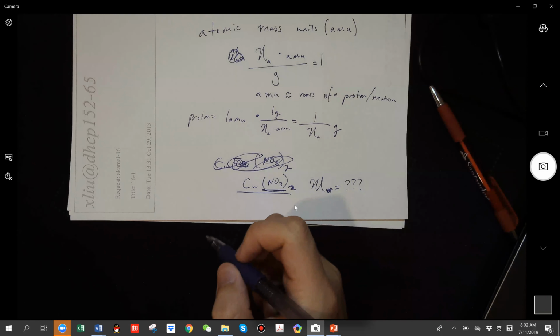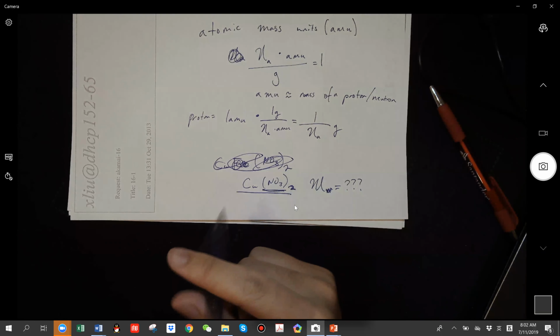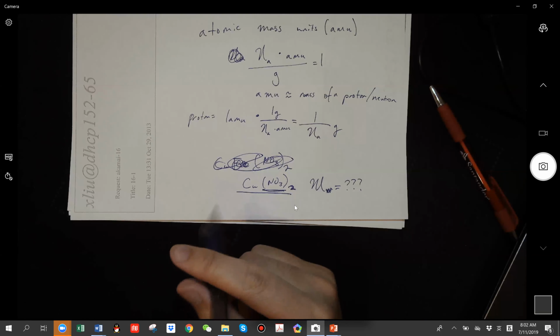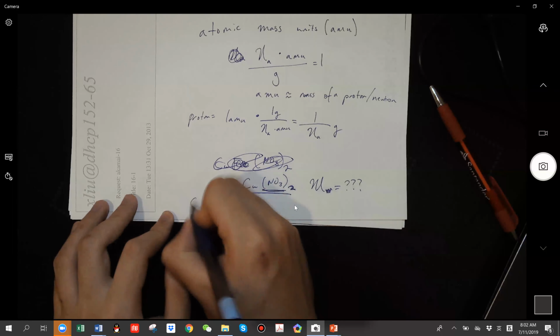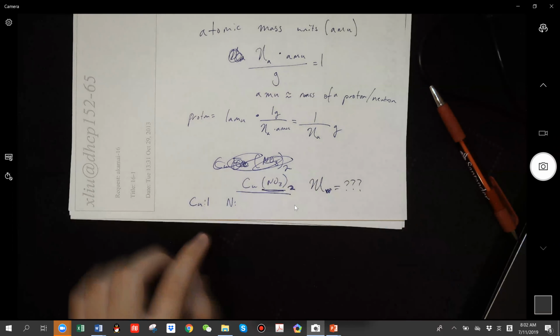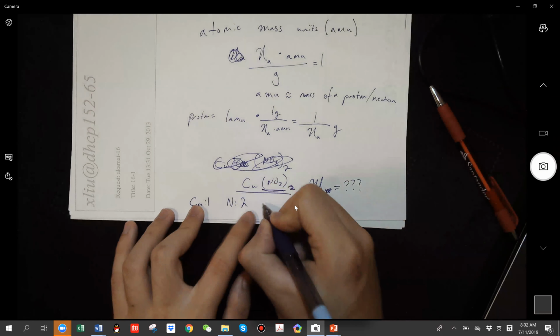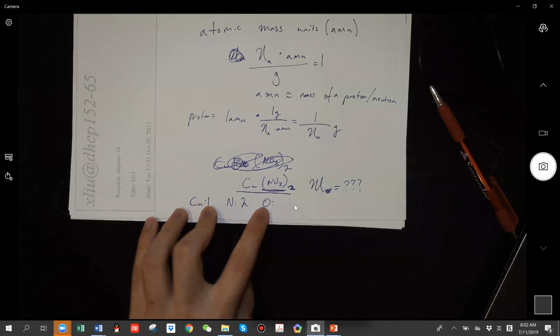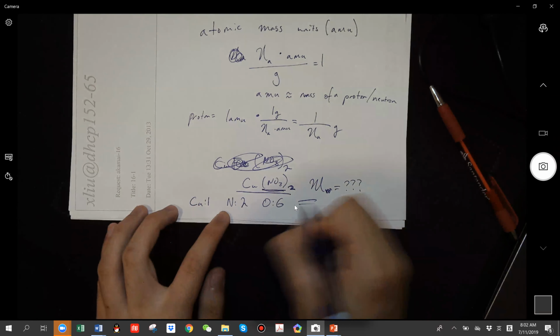All right, let's just do this step by step. How many copper atoms are there? One, right? How many nitrogens are there? Great. And how many oxygens are there? 6. So when we sum this all together, what do we get?